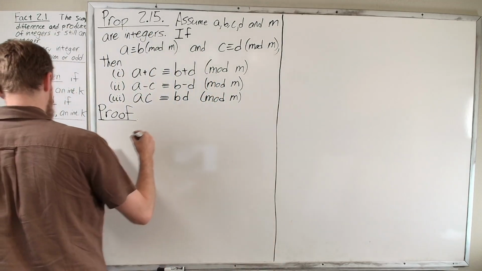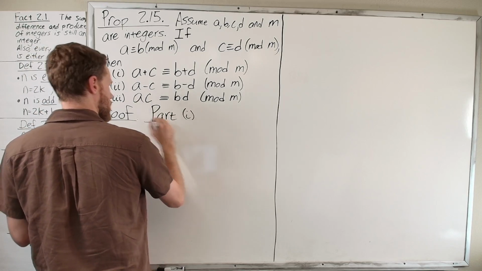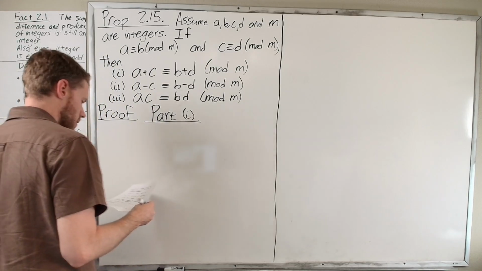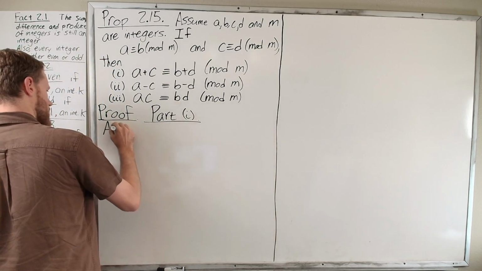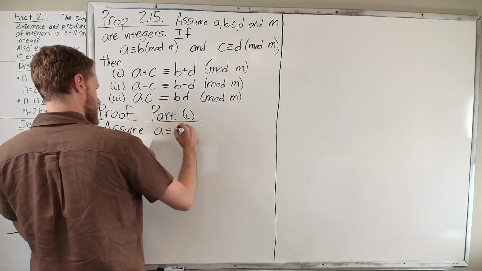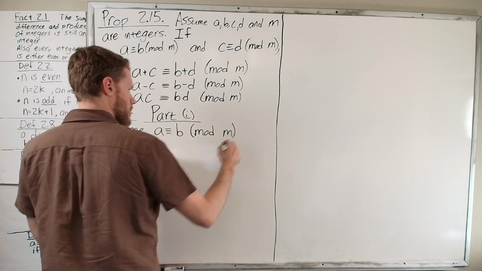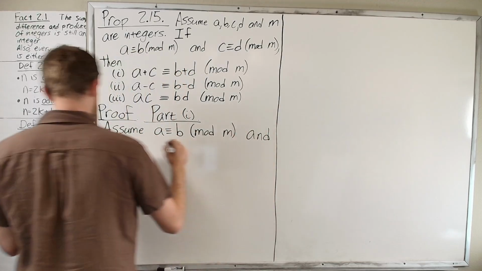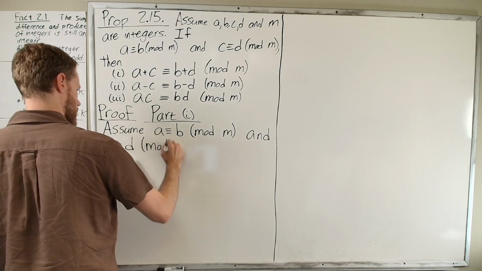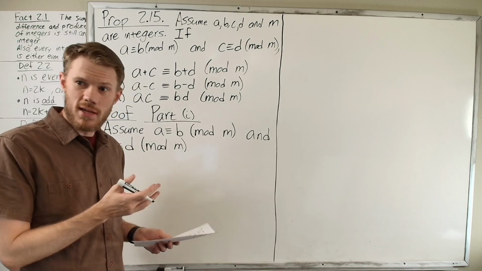So, proof, this is the proof of part I. So just like in those squares, we're going to start by assume that A is congruent to B mod M, and let's assume that C is congruent to D mod M.